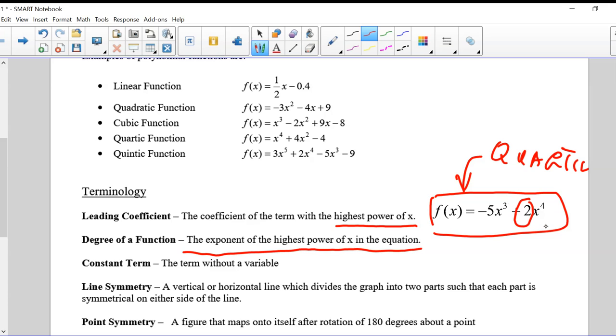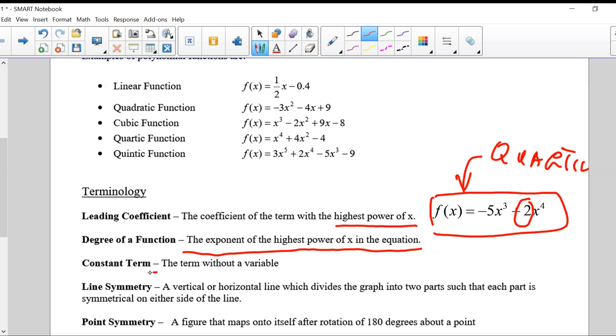So that makes this function a quartic function. And that means that the 2, as we said before, as to Janaya's question, is the leading coefficient, because that's in front of the highest power. So the highest power, in this case of 4, is what tells you what a degree is. So in this case, this is a quartic function, a degree 4 function. And the number in front of that is a lead coefficient. Okay? All right, let's move on.